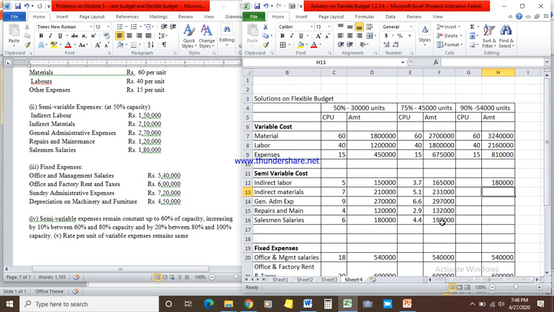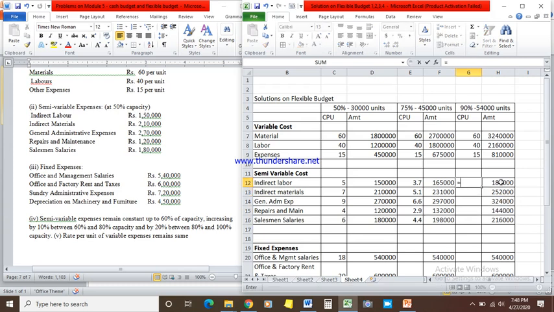In the same way, indirect materials also: first I'm going to select 2,10,000 plus 20% of 2,10,000. In this way we need to calculate for the others.